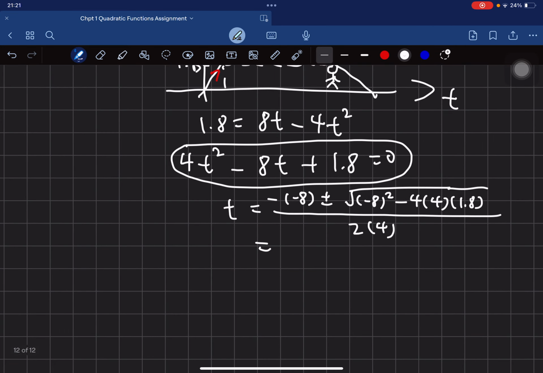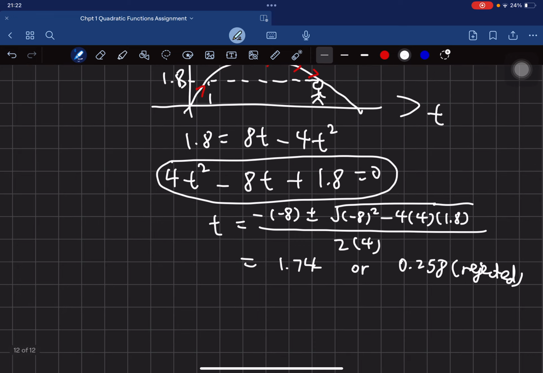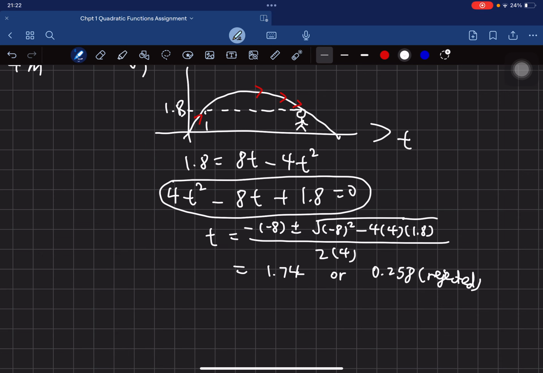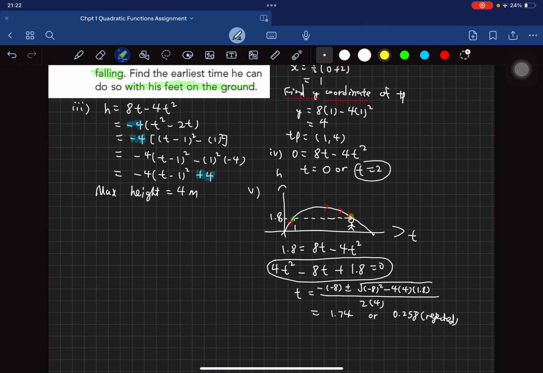Then with this, you can punch in the calculator. So we have 1.74 seconds to 3SF, or 0.258. This is rejected. Why? Because if we go back to the diagram, our ball is at 1.8 meter twice. One is when it is rising, which is here, and the other is when it is falling. But the question already stated the player is going to hit the ball when it is falling, which is stated here.